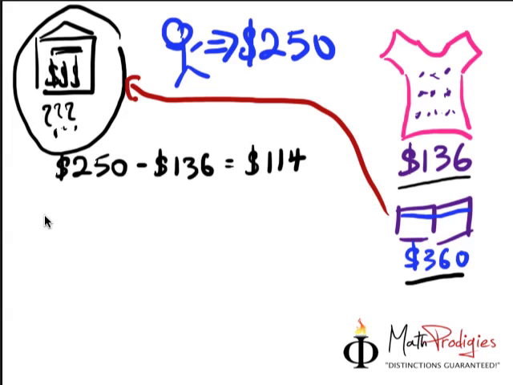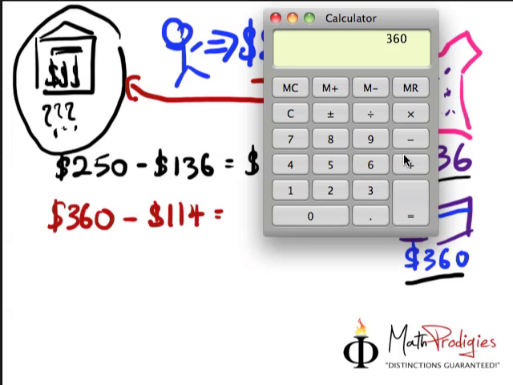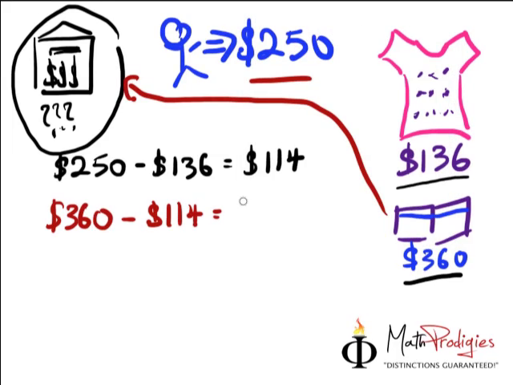So we just take $360 and minus off the amount she is supposed to have if she only used $250. Using our handy calculator, 360 minus 114 gives you the answer of $246. The question is asking how much money she took out from her savings.